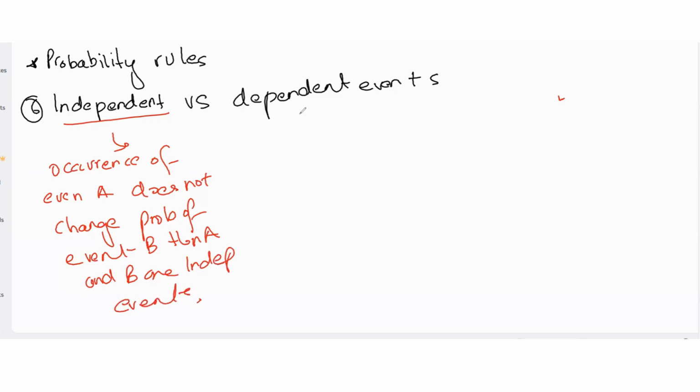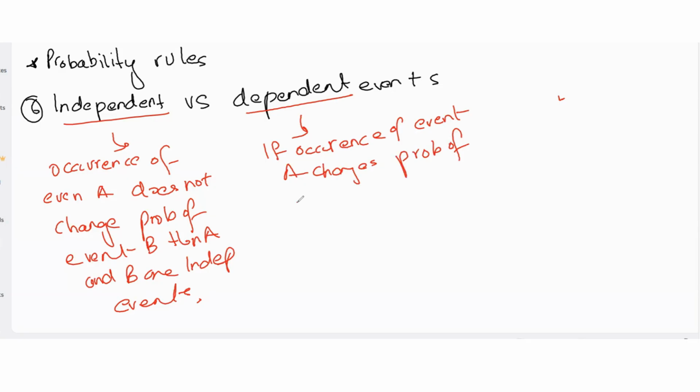If the occurrence of event A changes the probability of event B, then A and B are dependent events. So if the occurrence of one event changes the probability of another event, then they are dependent events.